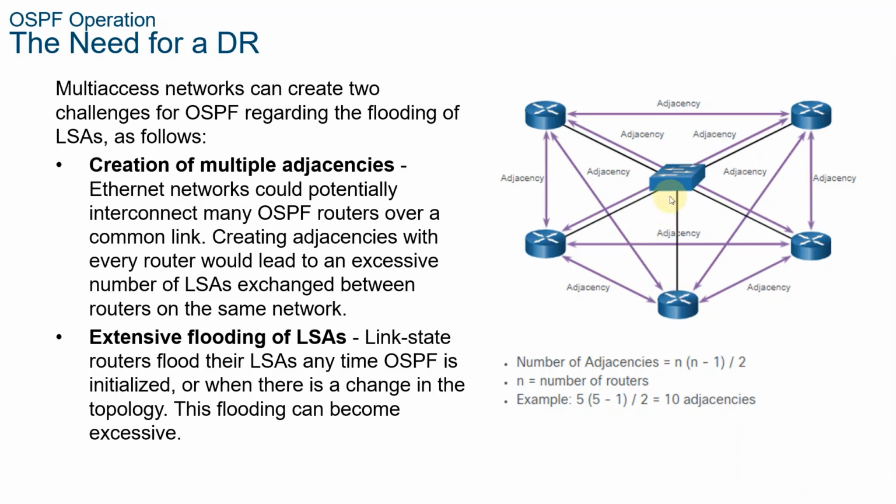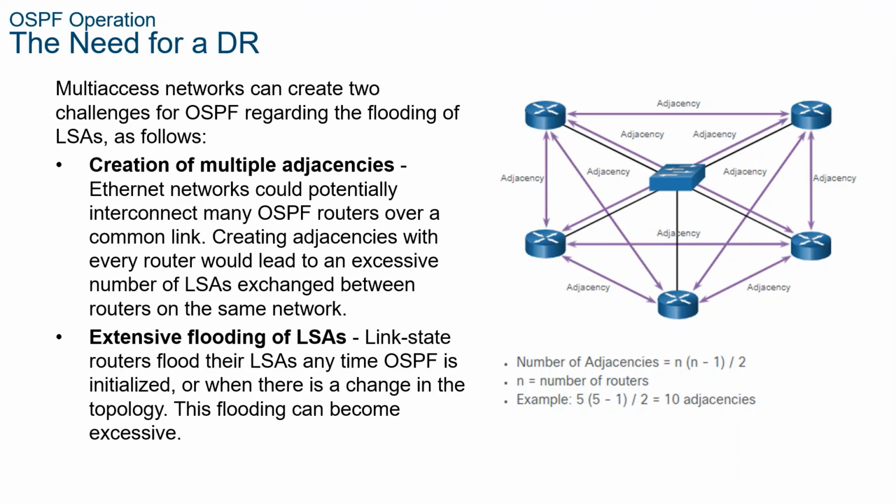Without some type of mechanism to reduce the number of adjacencies, collectively, these routers would form 10 adjacencies. How do we get that? We've got 5 routers, so for n, 5 minus 1 is 4. 5 times 4 is 20, divided by 2, that would yield 10 adjacencies.